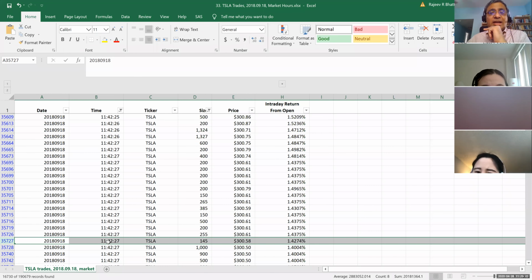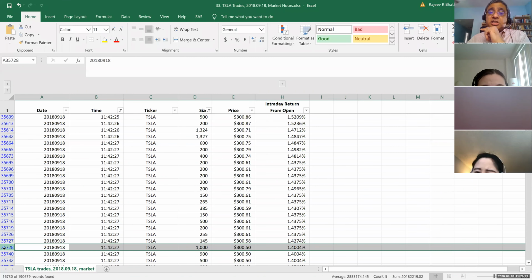At 11:42.27, there is a reasonably large trade for 1,000 shares at $300.50, 1.4004% above the opening price. Tesla's shares are going up, not by a huge margin, but 1.4% for a stock is pretty good.